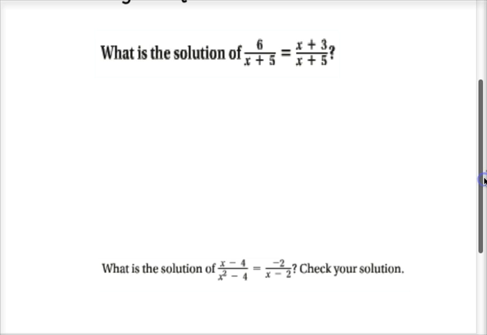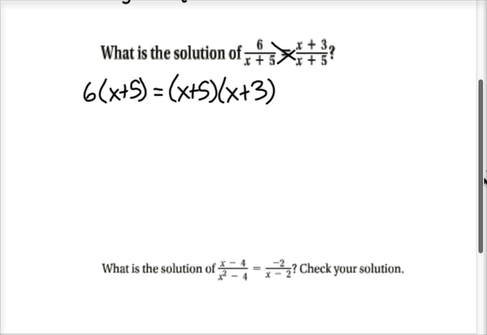So we set up our problems exactly the same. We're using cross multiplication. So here we have 6 times x plus 5 equals x plus 5 times x plus 3.